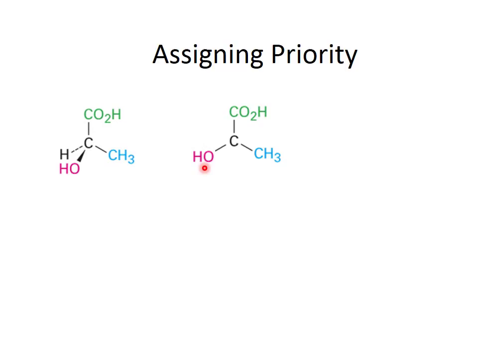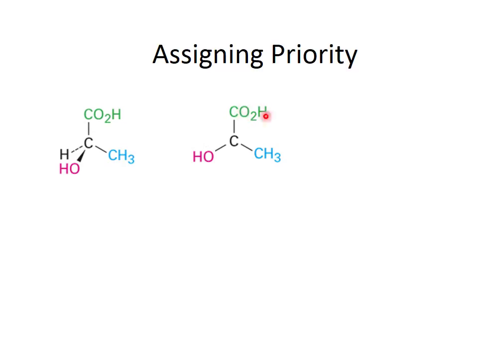What's left is this group, and this group. So now we compare oxygen, carbon, carbon. Oxygen has the greatest mass, so this is going to be my number 1 priority group. Next, I look at carbon and carbon, they're the same. So I move on to the next atoms.